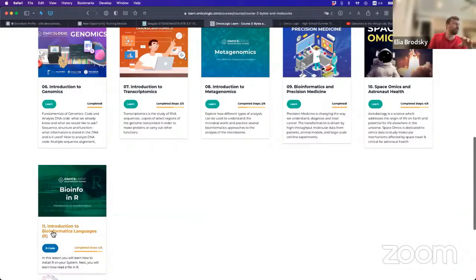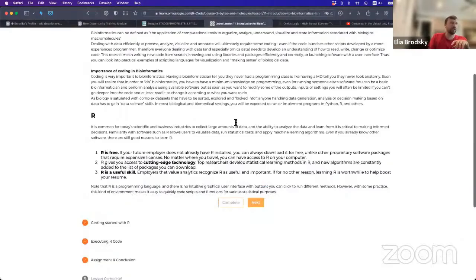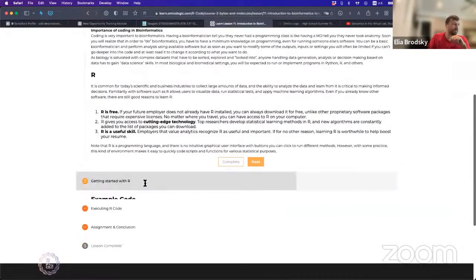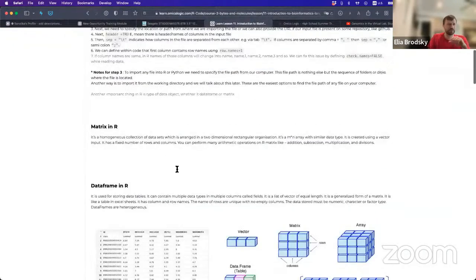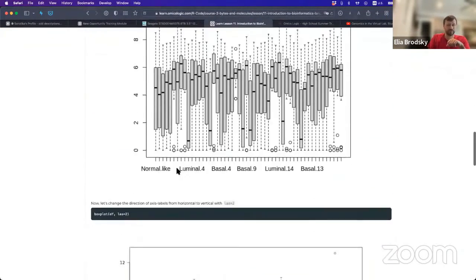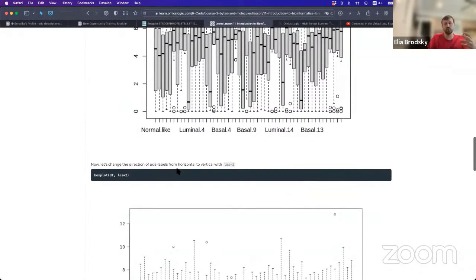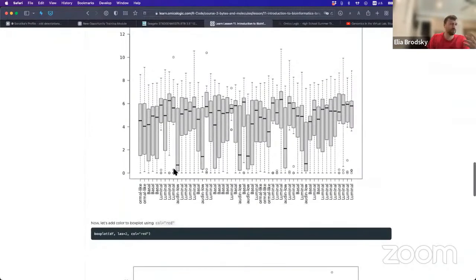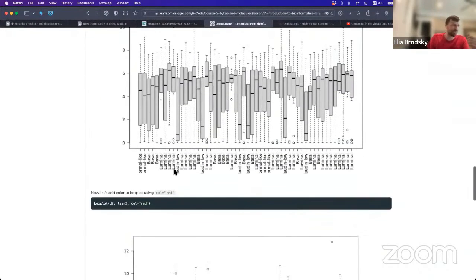In this course, you will already get an introduction to coding in R, which is a popular method of analyzing different types of biological data, where you will have access to different examples of just getting to know what coding is, why do we need coding, and how to read, produce, and load the data, things like that.